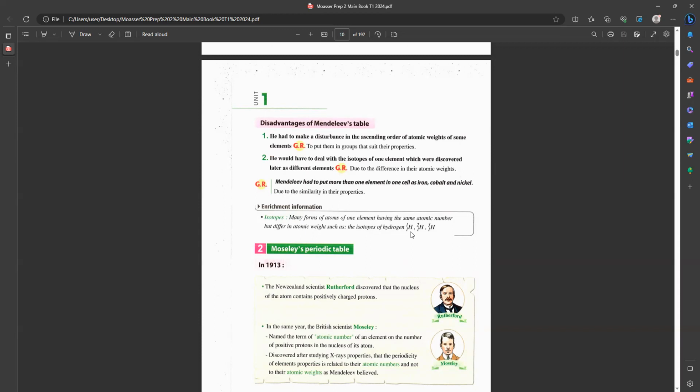The original hydrogen is the first one, with one atomic number, but its isotopes are two. So each element has copies that are different in something. The isotope is a copy of the element, maybe one, two, three or four copies.